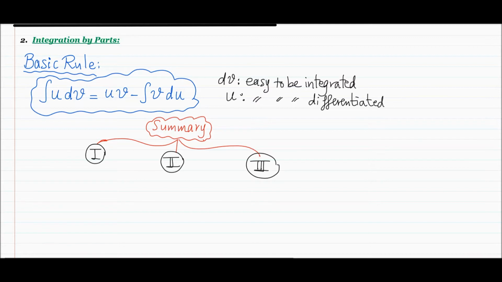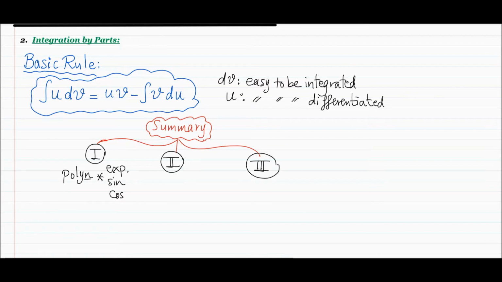First group, if you have a polynomial like x squared, x cubed, x plus 1, and so on, multiplied by exponential function or sine or cosine. Think with me which function of them to be used as u.